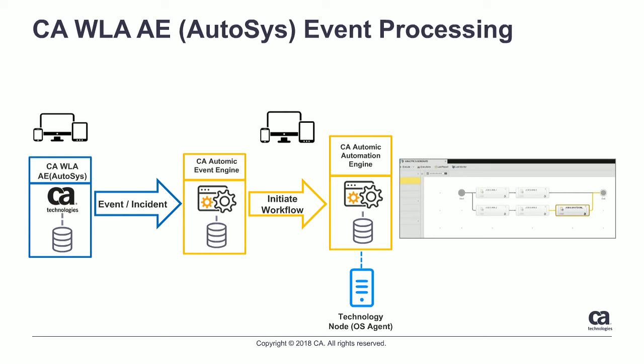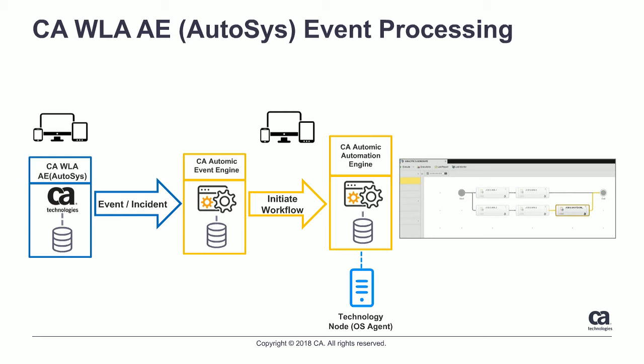Okay. And then from there, on the event engine side, I will create rules that will process events. For example, one of the things I show in my demo is a rule set up that will look at any event that comes in from AutoSys that is a job failure. So anytime a job failure comes in, I'm going to capture all the variables that came in from that job failure: job name, owner, job run ID, group, application, a lot of other things specific to that job.